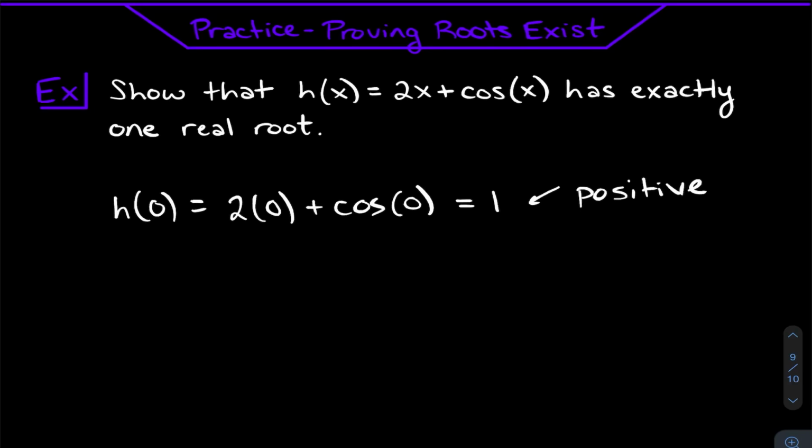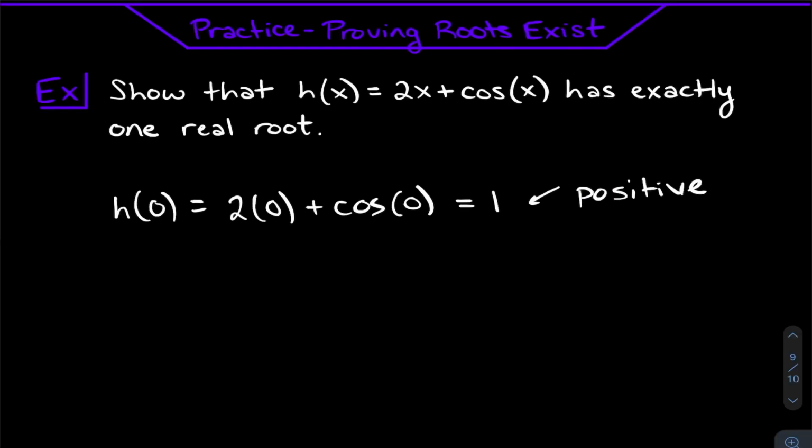And so the question is, what's the next point that we're going to plug in? It's up to you, but to give yourself a better idea of what point to plug in, look at the function that you're dealing with and be like, okay, I want now a negative number. Which way should I go?